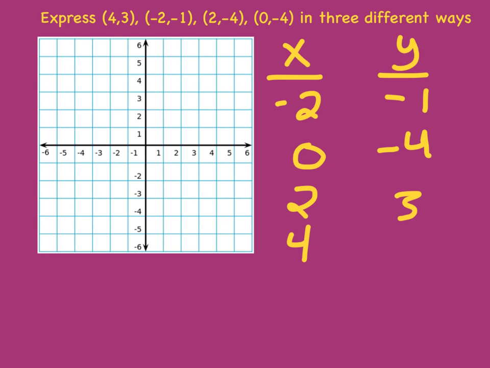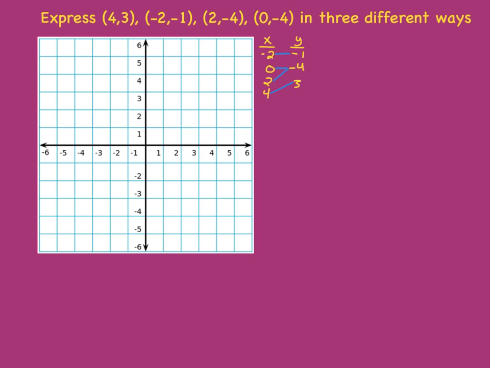So a -2 connects with the -1. The 0 connects with the -4. The 2 connects with the -4 as well, so they both go to the -4. And the 4 connects with the 3. And now I've mapped that out.